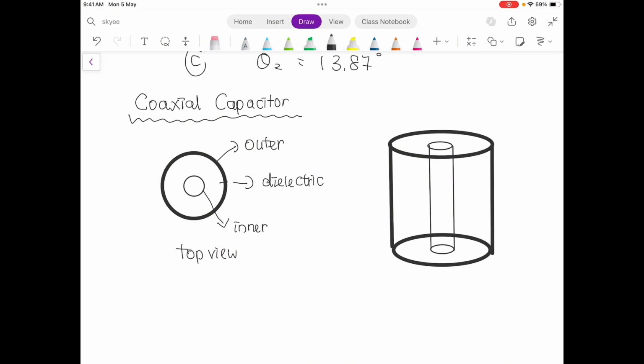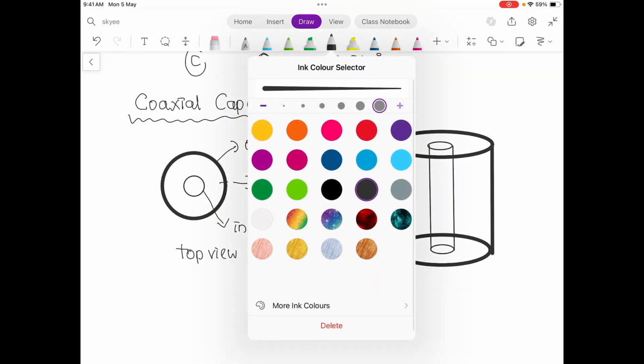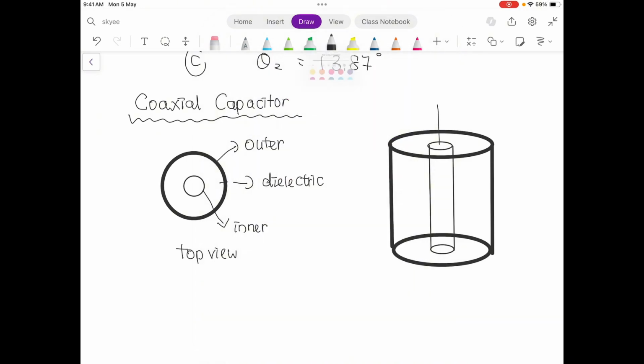So this is the coaxial line, with the inner and the outer.